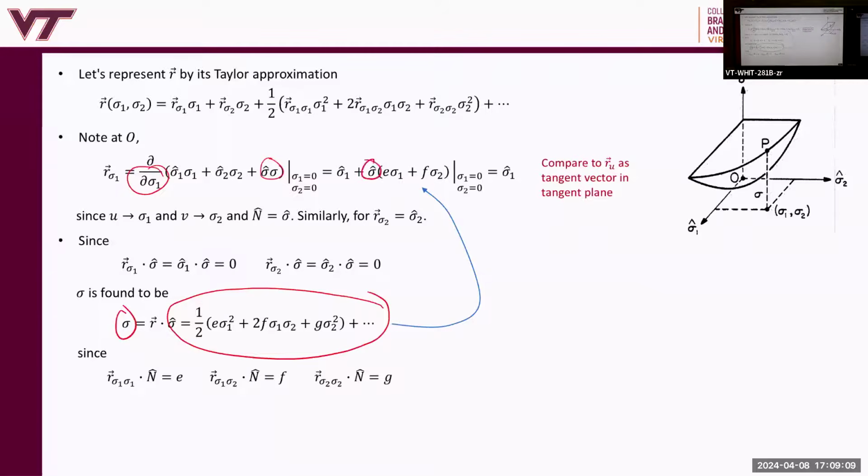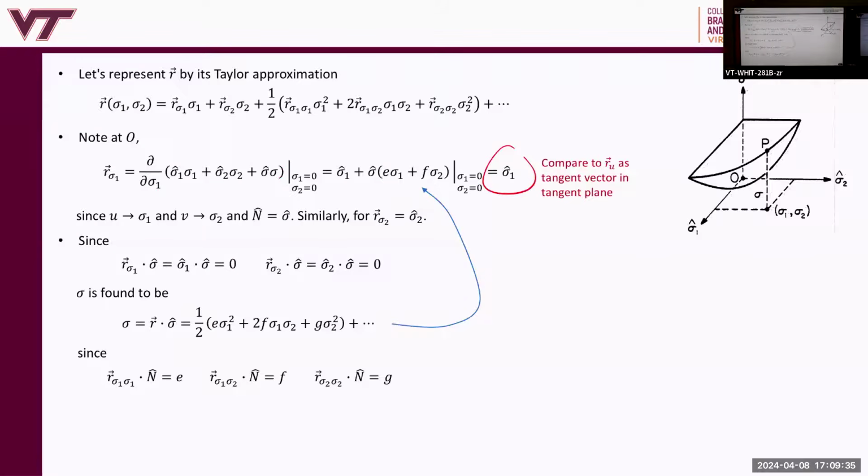So we get sigma, and then the derivative of this with respect to sigma 1, we get 2e times sigma 1 squared, right? But there's the 1/2, which cancels. So we get e times sigma 1. And then we have 2f sigma 1, but then there's the 1/2 here. So you get sigma 2 rather, because we're differentiating with respect to sigma 1. And this goes to 0 because it's not a function of sigma 1. All right, evaluate all that at 0, you get this.